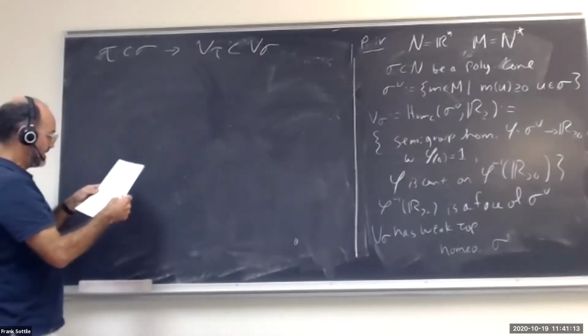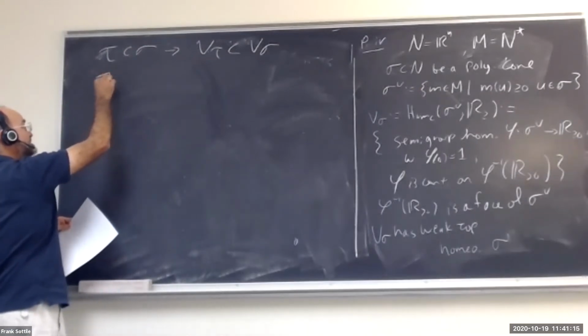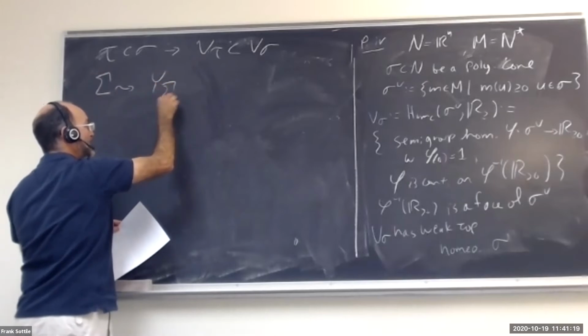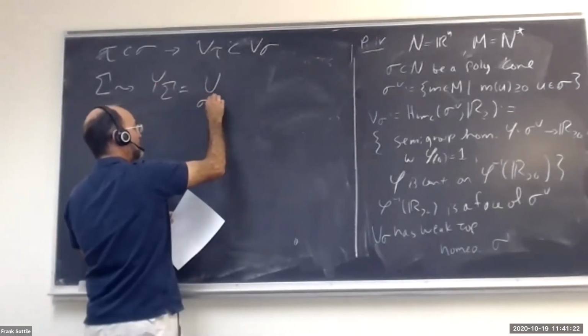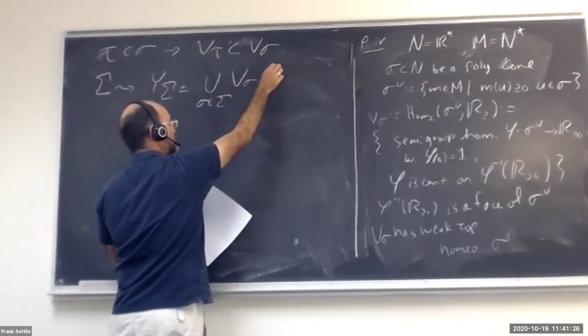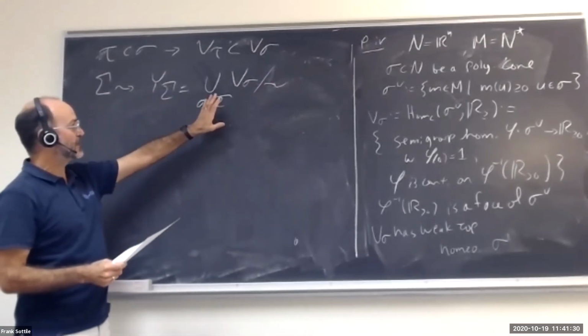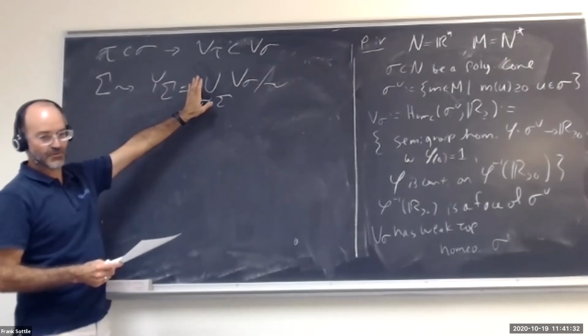And then given a fan sigma, you can construct Y sigma, which is simply the union over all cones in sigma of these, together with the natural identification. It's the same construction as you do with a complex toric variety.